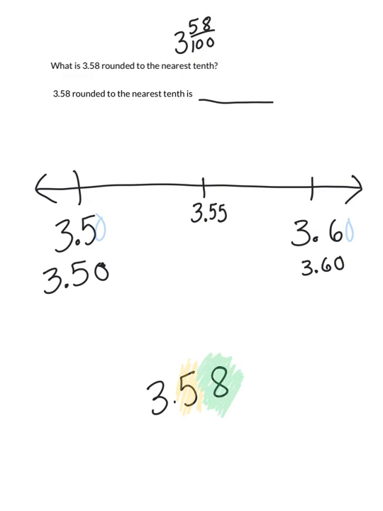So when I look at my hundredths place, I'm going to use my rhyme to help me. 5 or more go up a floor. So 3 and 58/100 is kind of like right here on my number line, and I'm going to go up a floor, which means round up. Since that digit is an 8, I'm going to round up. That's where it's located on my number line, and I'm rounding up. So I'm rounding up to 3 and 6/10.